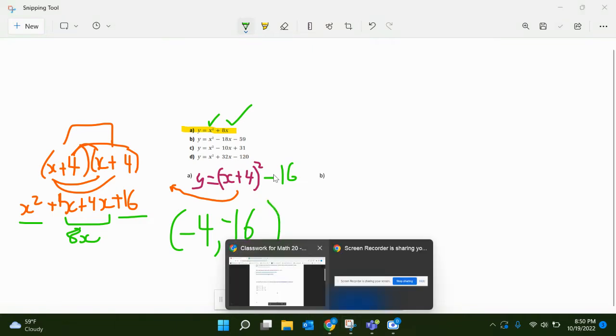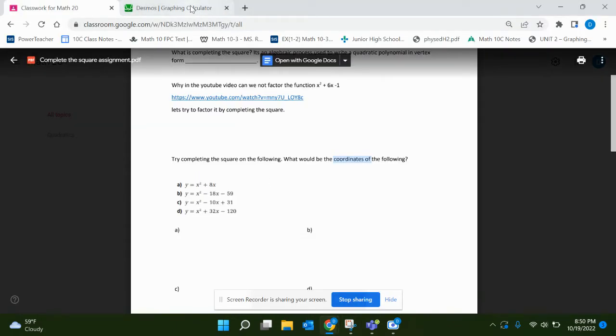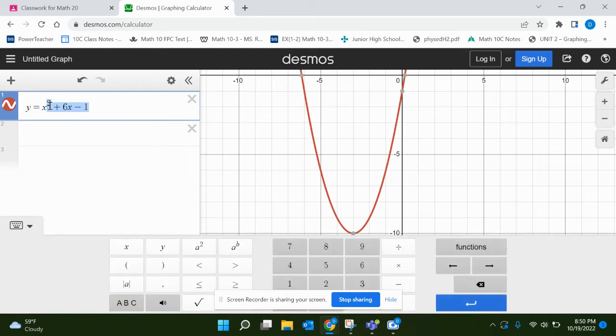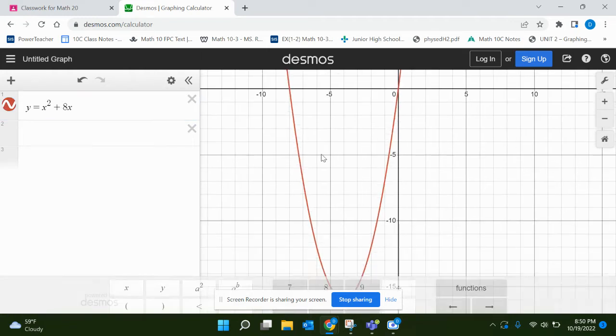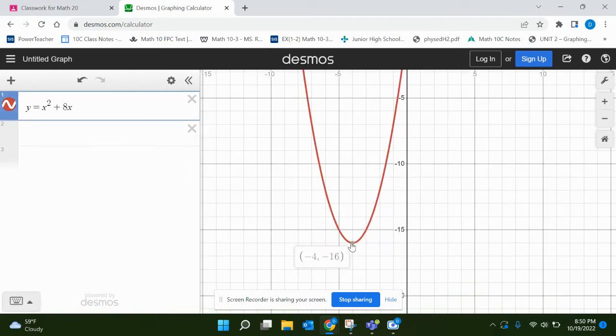Okay, so let's go back to handy dandy Desmos. Okay, x squared plus 8x. And we'll look down here. There it is. The vertex, -4, -16. Okay, so we are good there.